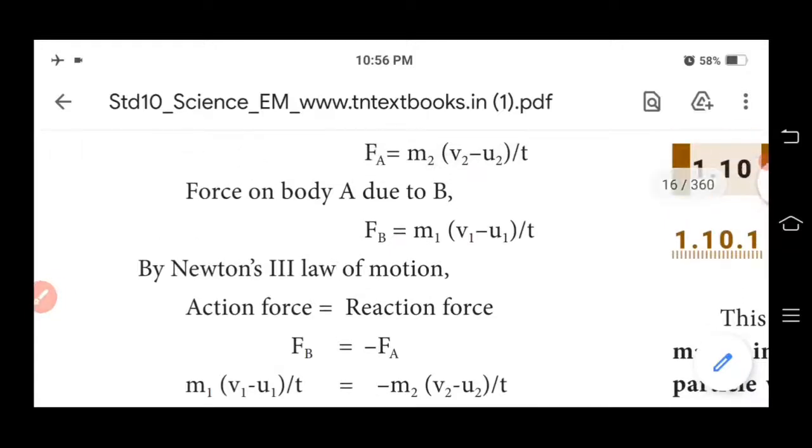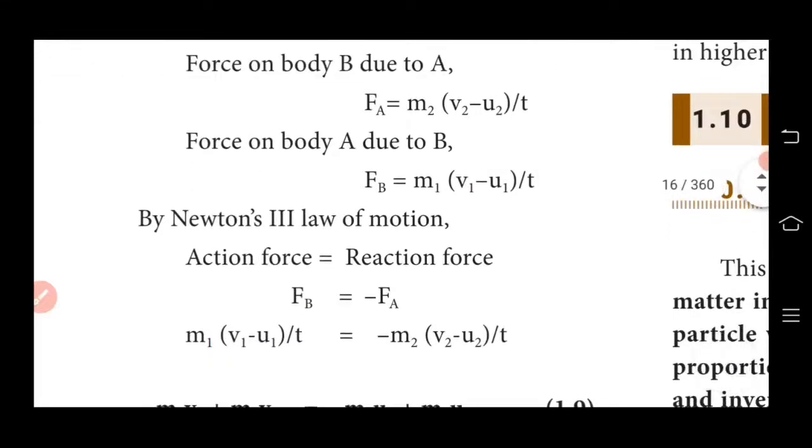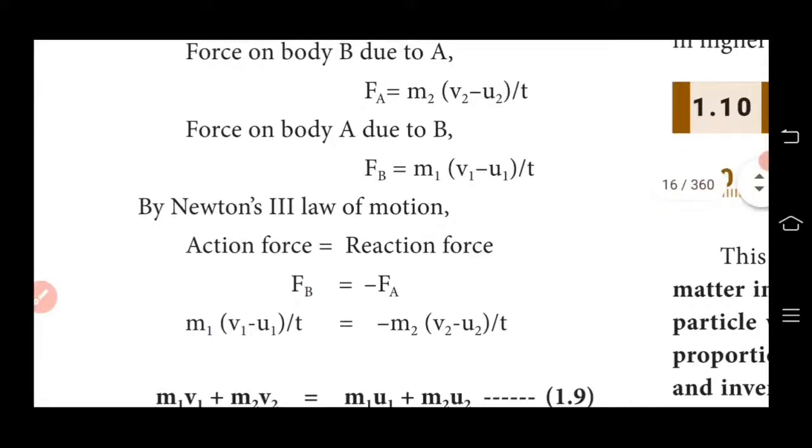The value of Fa is m2 (v2 minus u2) divided by T, and Fb equals m1 (v1 minus u1) divided by T. On the left side we write the Fb value, and we also have to write the negative sign.